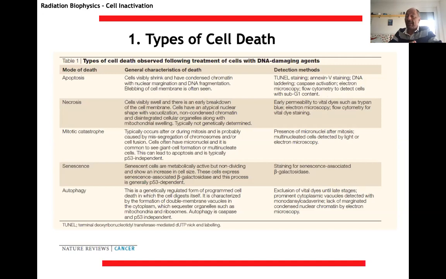Vice versa, necrosis typically is not genetically determined. So it's induced externally. If you burn your skin with a cigarette, you induce necrosis in the cells. You have a breakdown of the cell membrane, atypical nuclear shape, vacuolization, disintegrated cellular organelles, and so on.